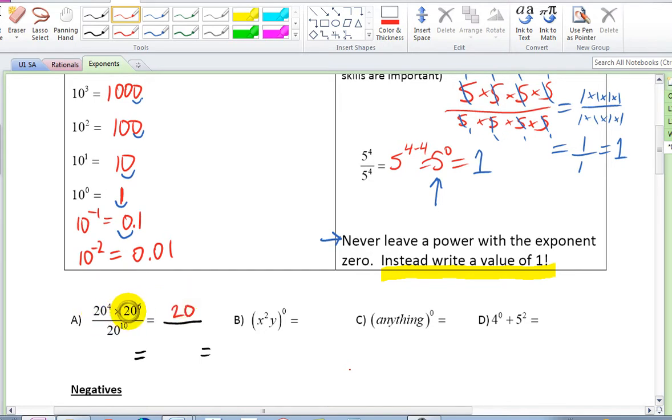Multiplying the 20s, what do we get? What should our exponent be? Good. On the bottom, we have 20 exponent 10. So when you divide them, what do you get? 20 exponent 0. Which has a value of what? Make sure you show all your steps.